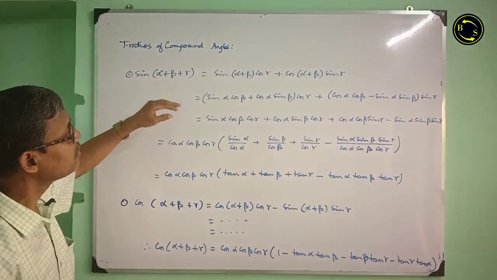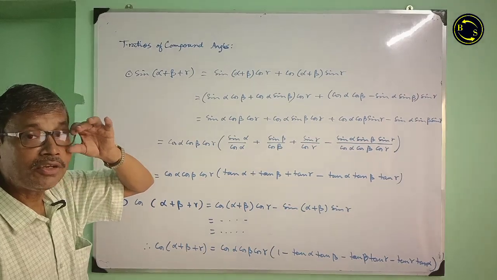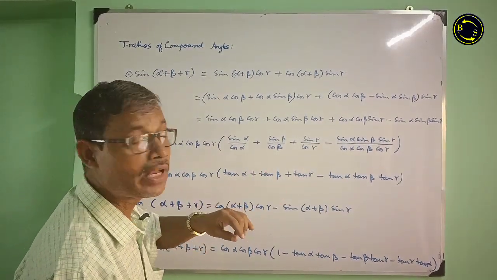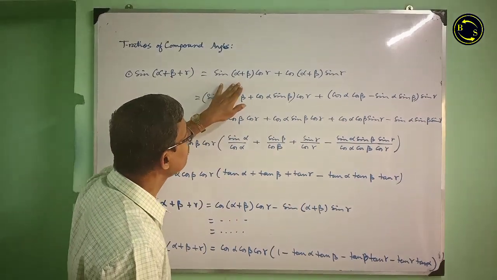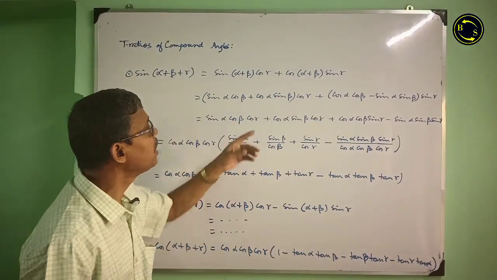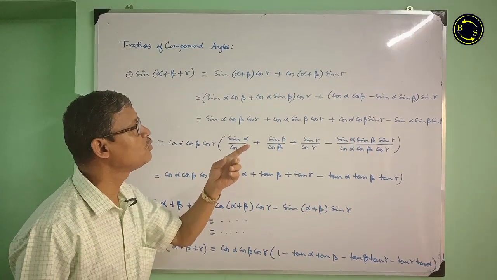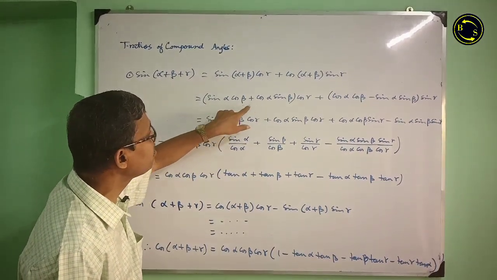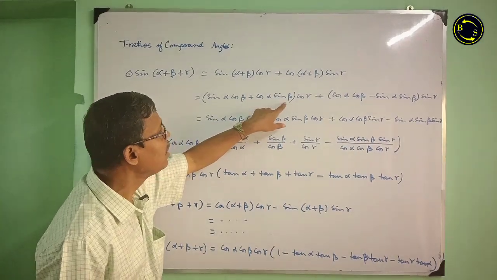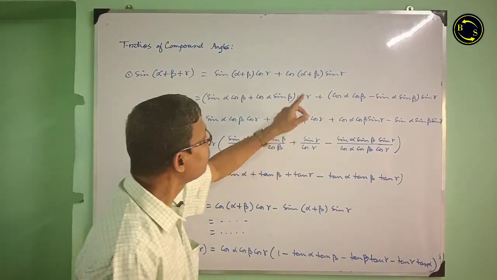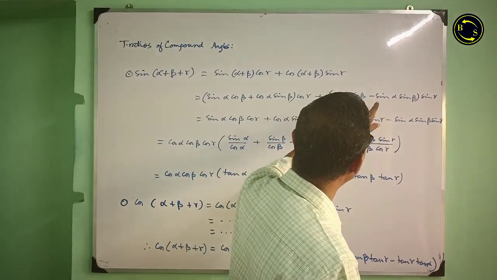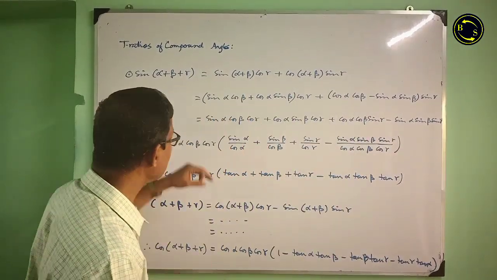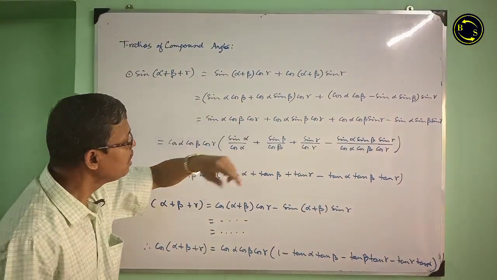Then applying the previous formula of sine of theta plus phi, sin theta cos phi plus cos theta sin phi, we write this one: sine of alpha plus beta into cos gamma plus cos of alpha plus beta into sin gamma. Now for sine of alpha plus beta, sin alpha cos beta plus cos alpha sin beta into cos gamma, and for cos of alpha plus beta, cos alpha cos beta minus sin alpha sin beta whole into sin gamma. After simplification we get this final one.